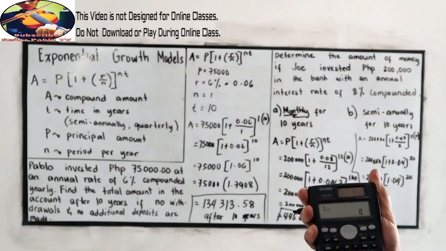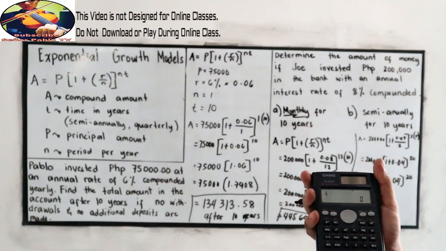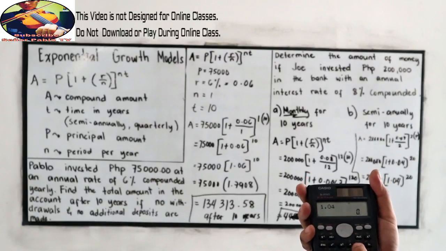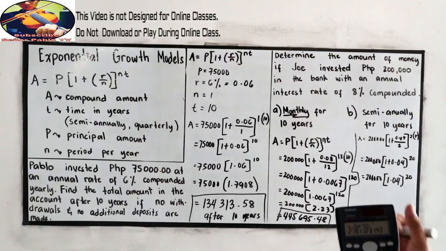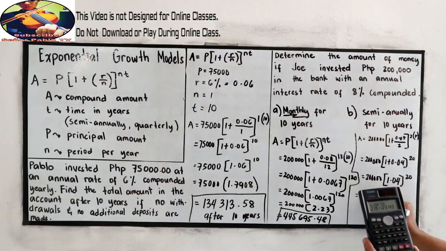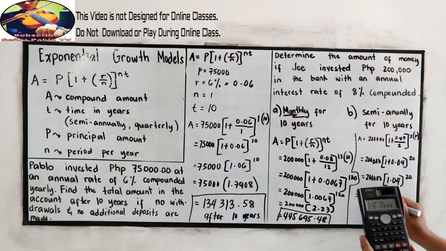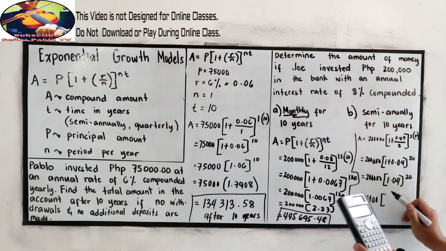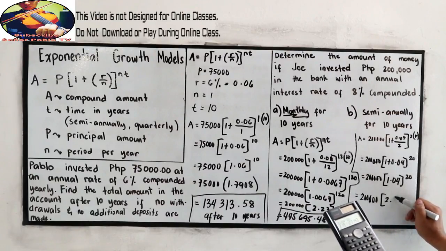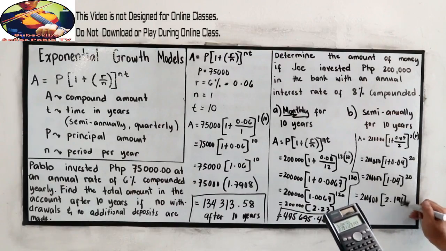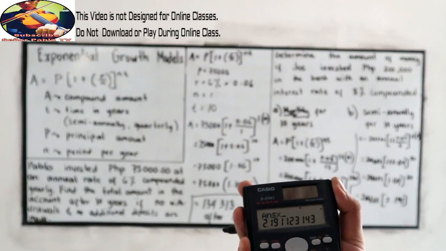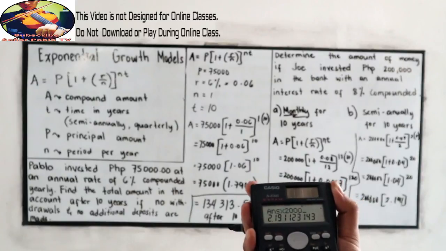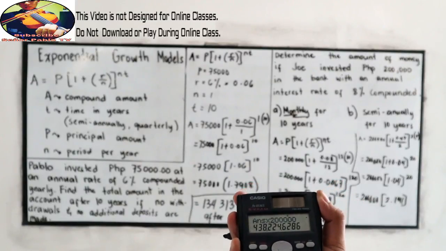So 1.04 raised to 20, this is 2.191. Okay, then multiply it to our principal amount, 200,000.